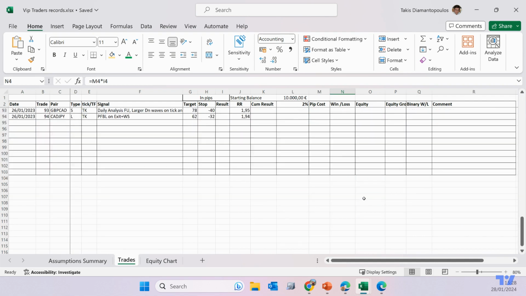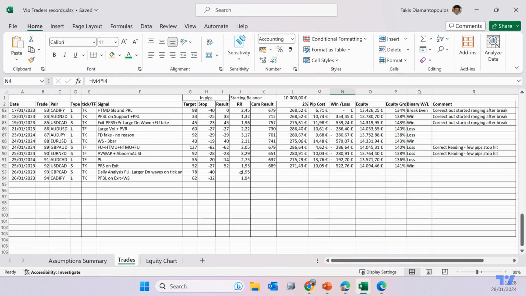So currently we are on the 26th. These trades are still open; they haven't closed, but up to here, this is an equity growth of 41%, on 92 trades starting from October to the 25th of January, 3 days back.